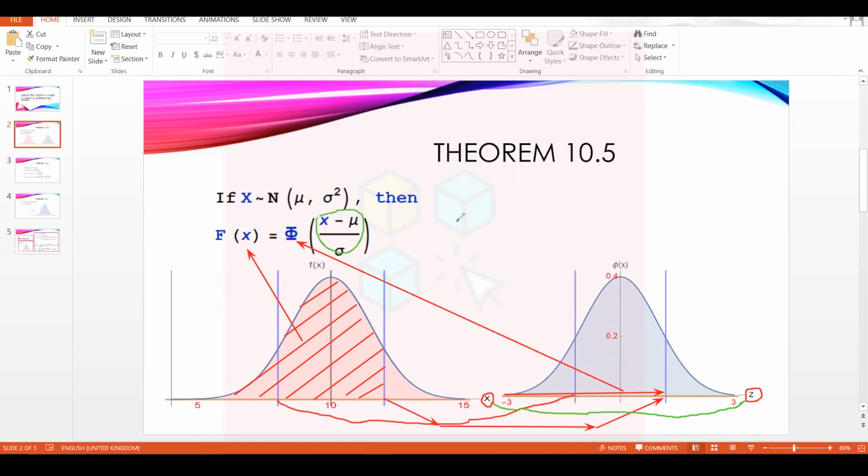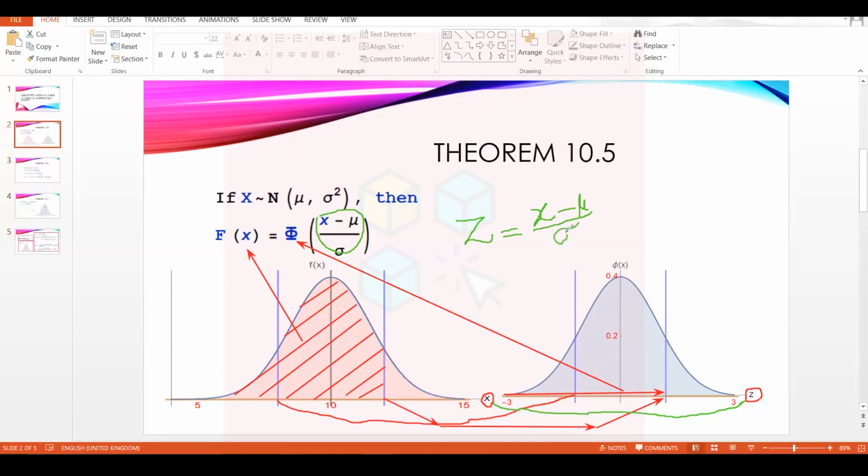The formula for the standardized variate is z equals, so it's a z score, where x is the value on the x scale, z is the value on the z scale: z equals x minus mu, the specified value of the parameter in the normal distribution, over sigma.